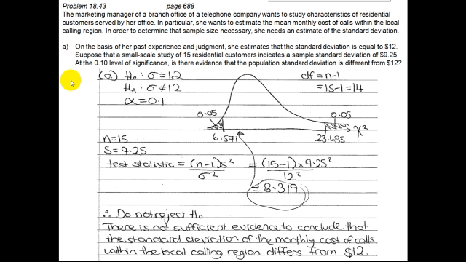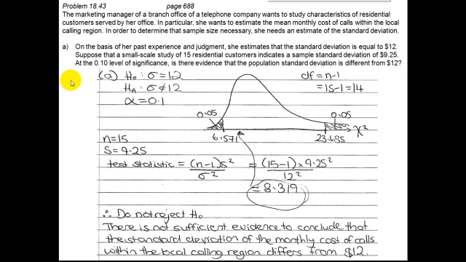Now as soon as we see that 10% level of significance, we know it's definitely a hypothesis test that we're going to complete, and we're looking in particular to see if our evidence shows that the population standard deviation is different from $12. So that different keyword is very important, because that's how we know that we're specifically going to implement a two-tail test.